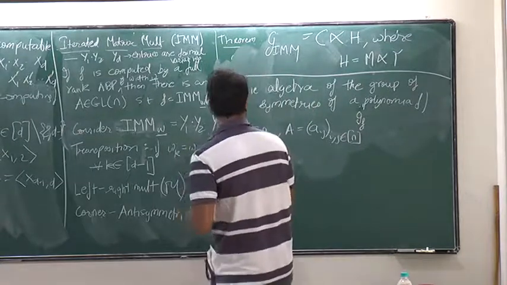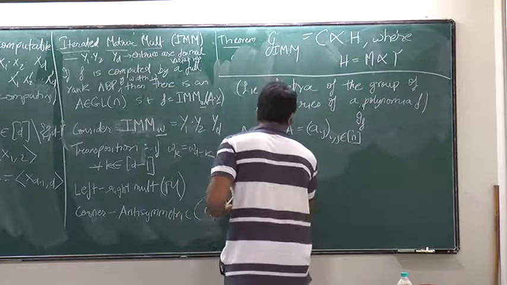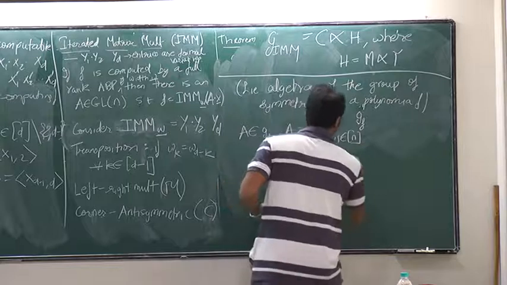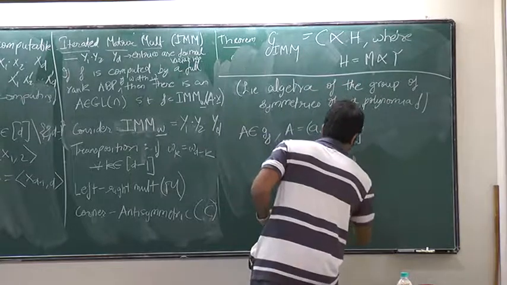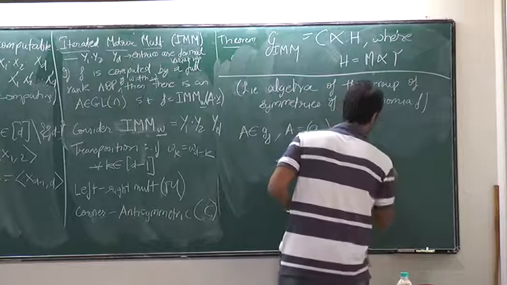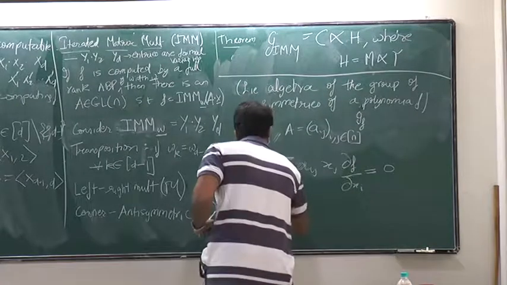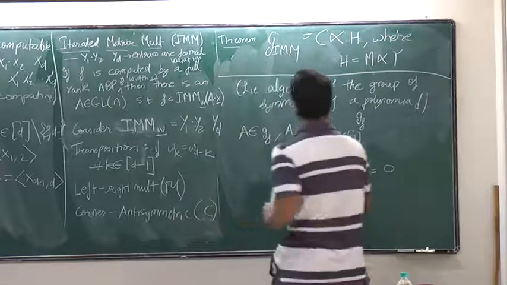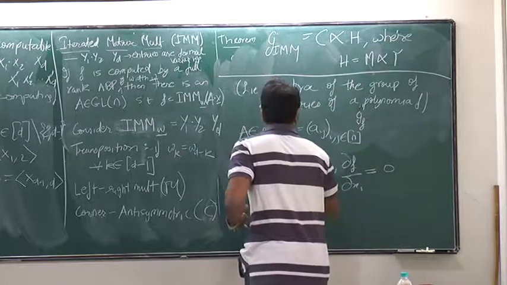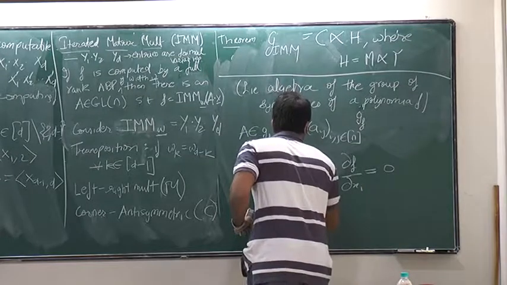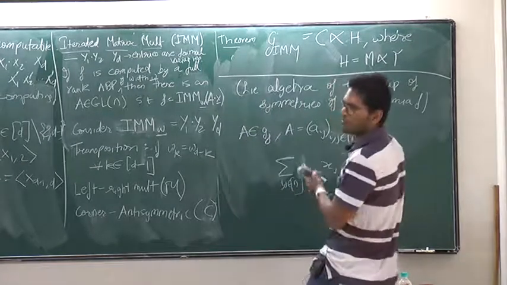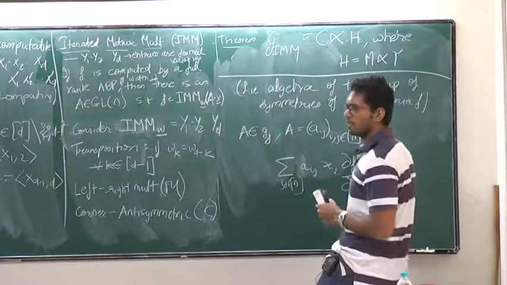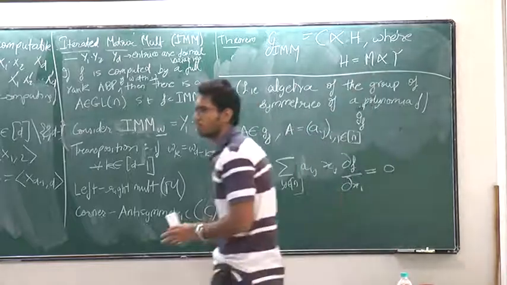So A belongs to g_f if it satisfies this equation: the summation of a_ij x_j times the derivative of f with respect to x_i equals zero. It's like the one order shifted partial.